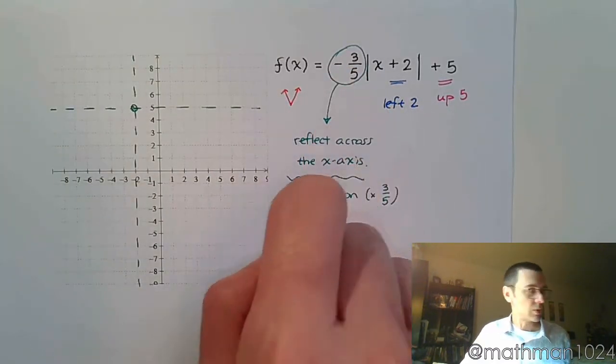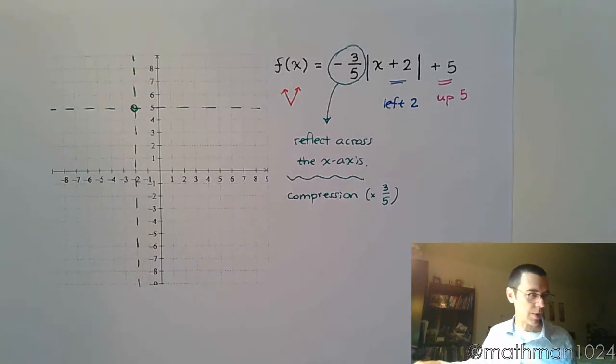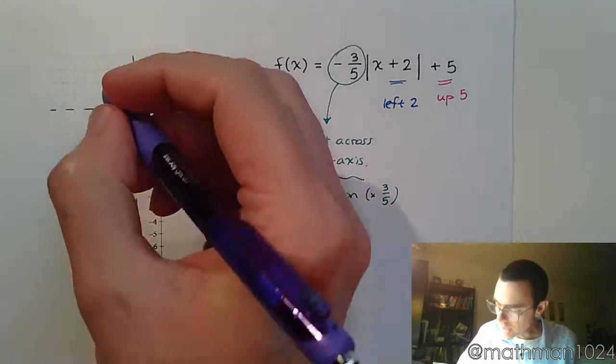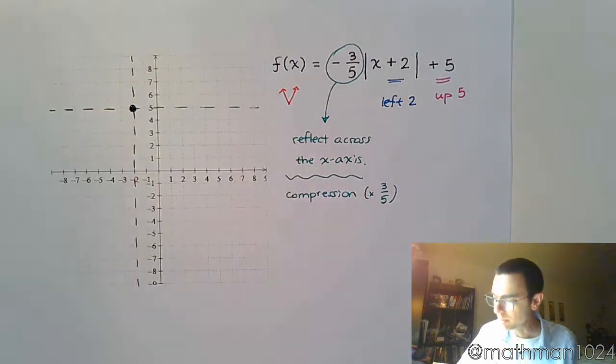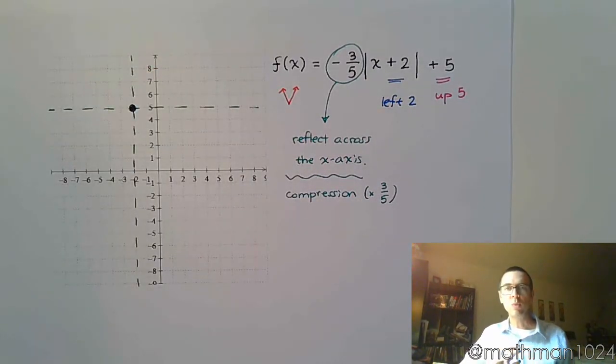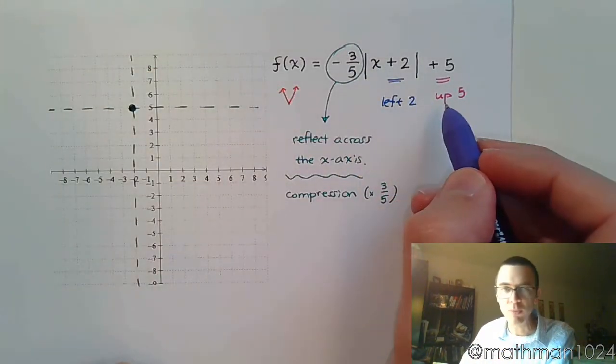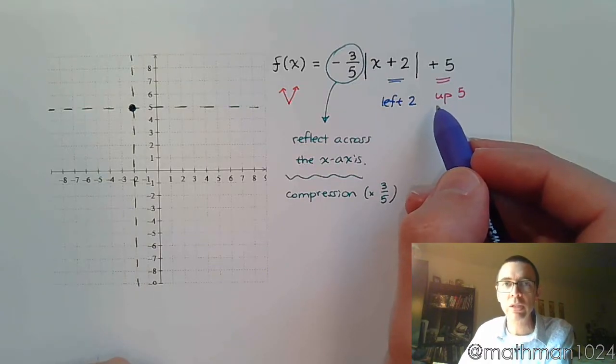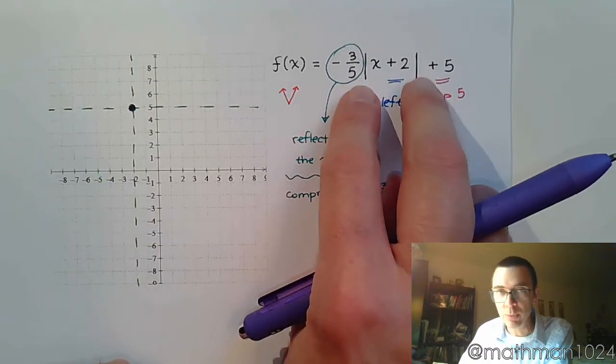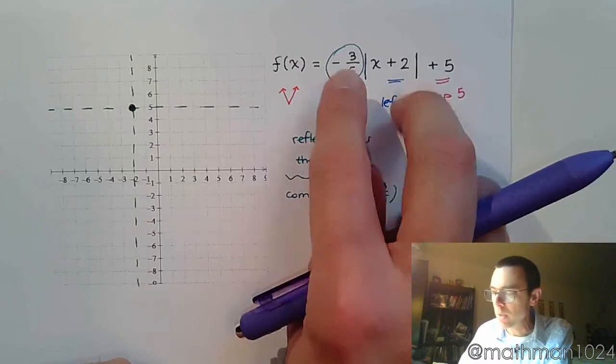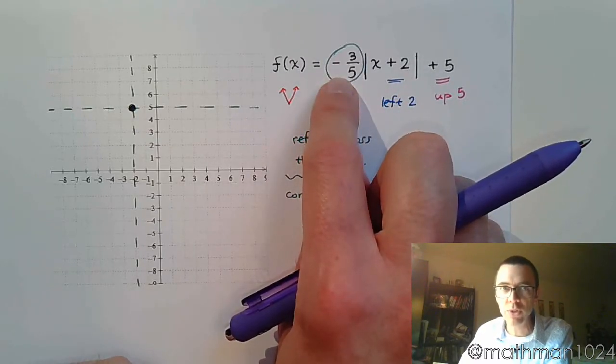Okay? So first of all, we're going to plot our vertex, which is right here. And by putting it right there, we've already taken care of the left 2 and up 5, so I don't need to worry about those anymore. The rest of it is graphing with the shape, absolute value, V shape, and this negative 3/5 compression.